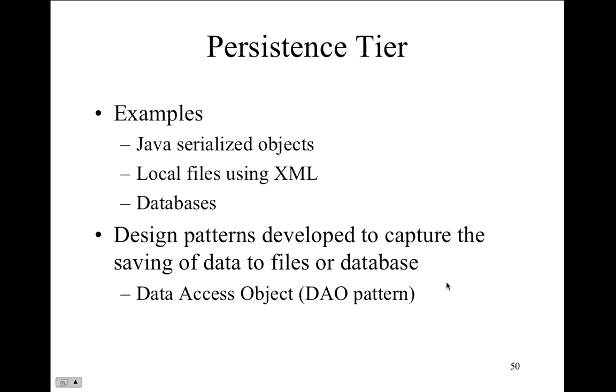So in terms of the persistent tier, some examples here. We have the Java serialized objects. We have local files using XML. Actually, XML is not a bad technology to be familiar with as well, because you've got XML being used with persistent data constantly.